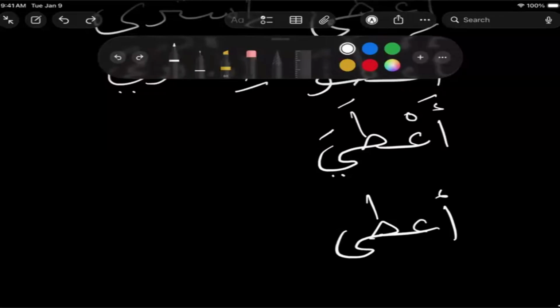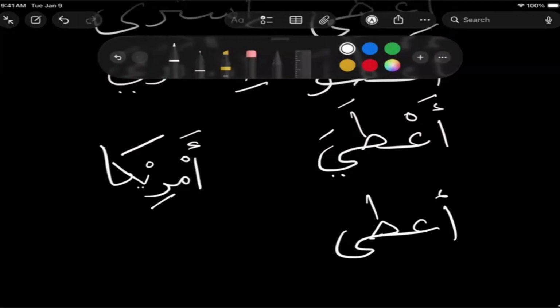Two quick questions. If we want to know the original letter for the mazid fi, we can tell by the shape of the last letter? You won't be able to tell by the shape if it's anything other than thulathi mujarrad.